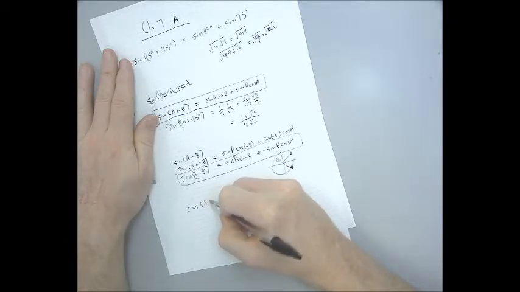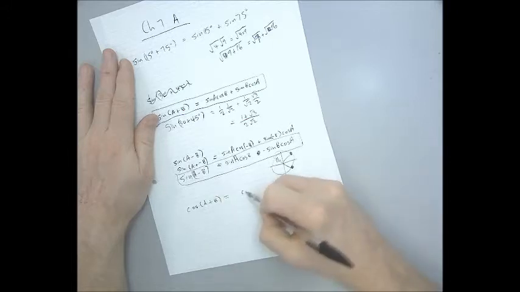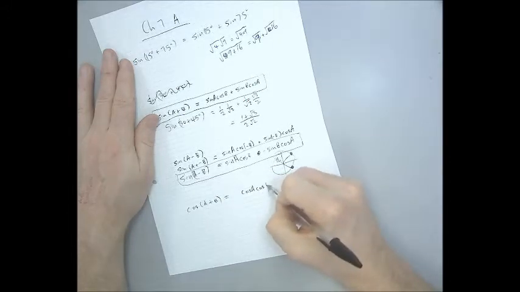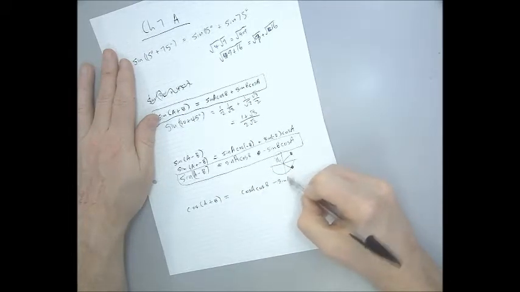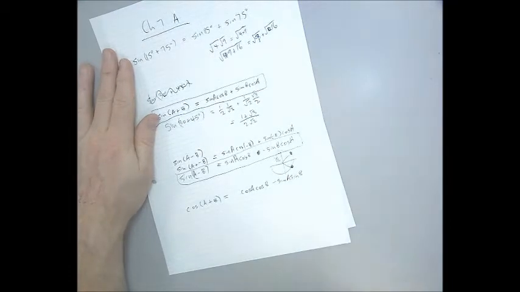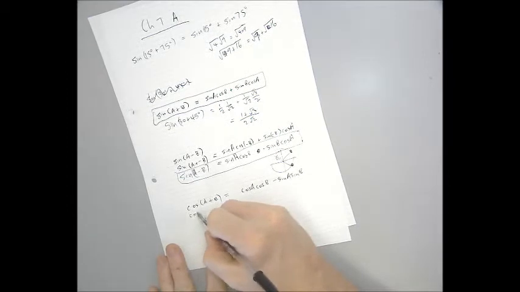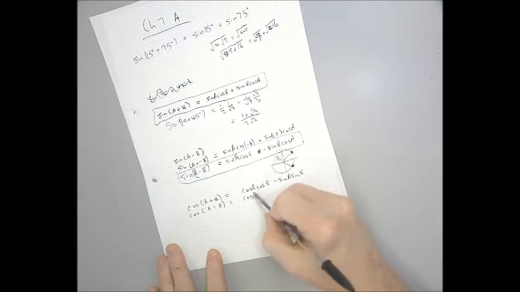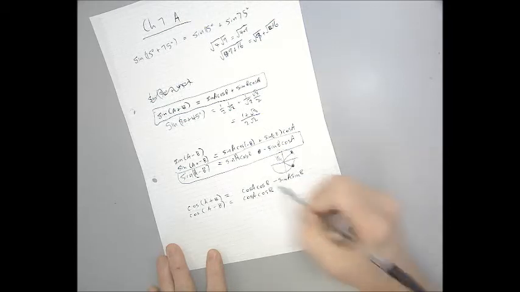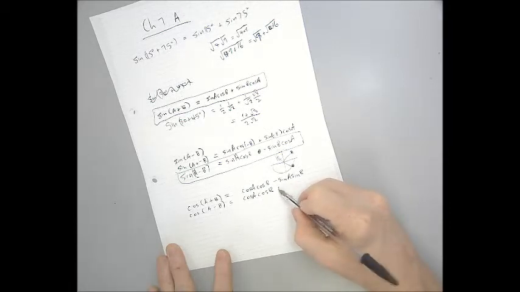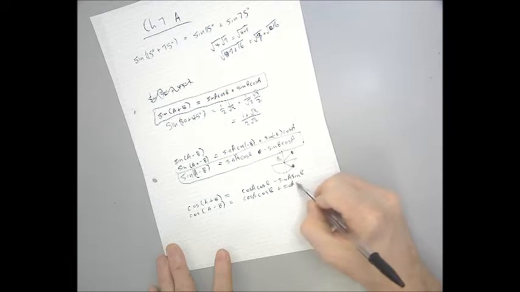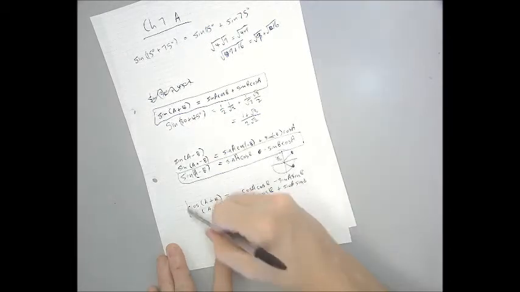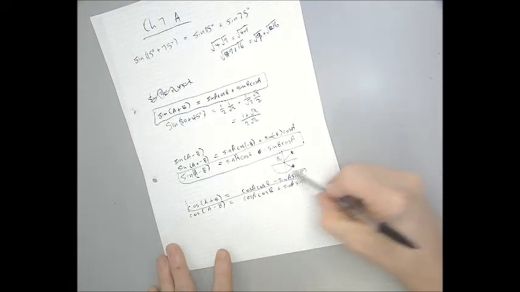Cos A plus B is cos A cos B minus sin A sin B. And cos A minus B is cos A cos B plus sin A sin B. So there are 4 formulas so far.